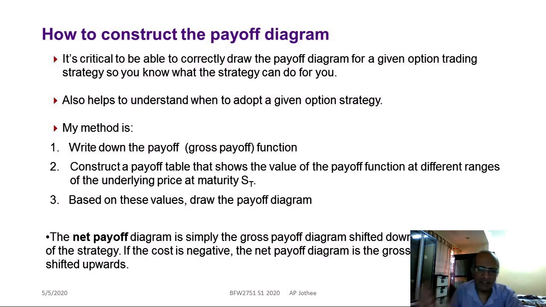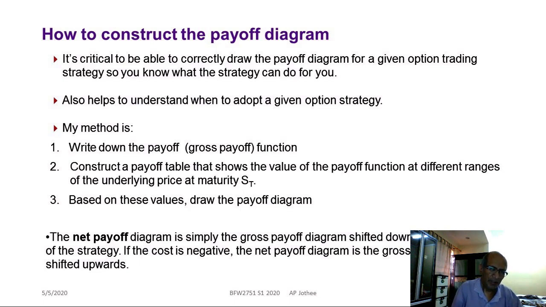When you have two different strike prices, then you must see whether the ST is below the first strike price, or is it between the first and second strike price, or is it above the third strike price. This gives you an idea how to devise the payoff table first. From the payoff table, you can chart out a payoff diagram. That is why I write down the payoff function first.